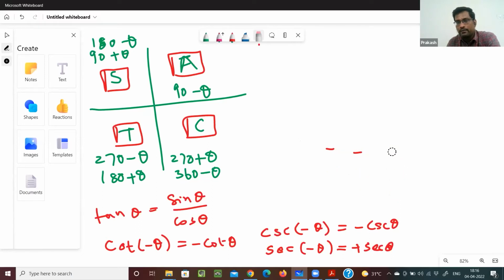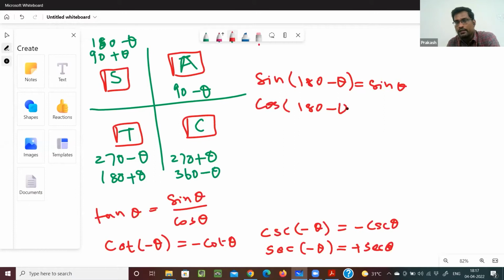The next one is sine of 180 minus theta in the second quadrant. You know in the second quadrant only the sine function is positive. So this is sine theta, and cos of 180 minus theta is minus cos theta.